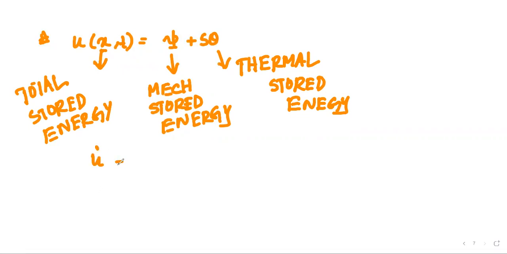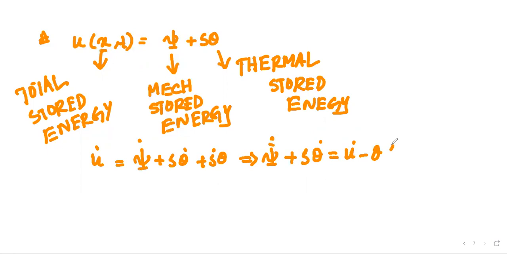You take the derivative, we end up with psi dot plus S theta dot plus S dot theta. We need the expression for psi dot plus S theta dot, which is U dot minus theta S dot.